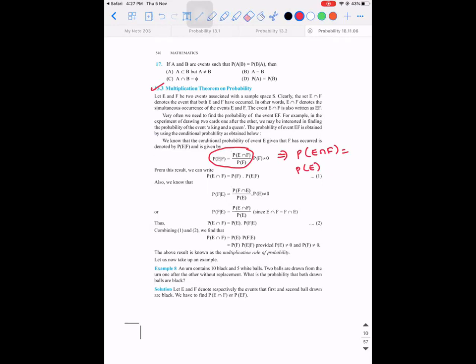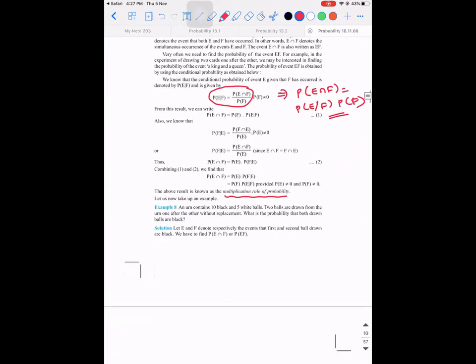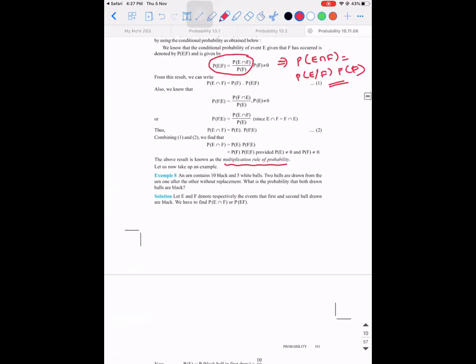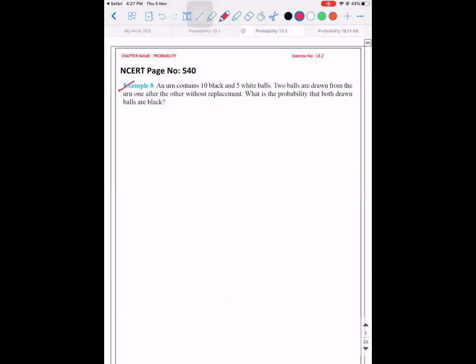It is probability of E given F into probability of F. This is what is called as multiplication theorem on probability. Are you guys clear? So this we have already discussed. Just by rearranging and writing the formula for probability of E intersection F in terms of conditional probability, we call it as multiplication rule of probability. Okay. So now the problems will be based on that concept. Let's directly solve an example.